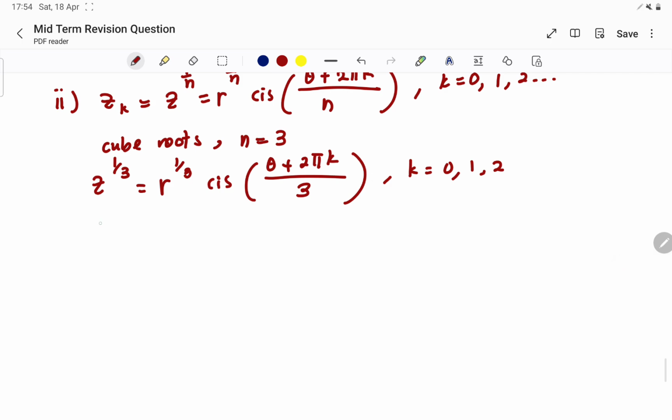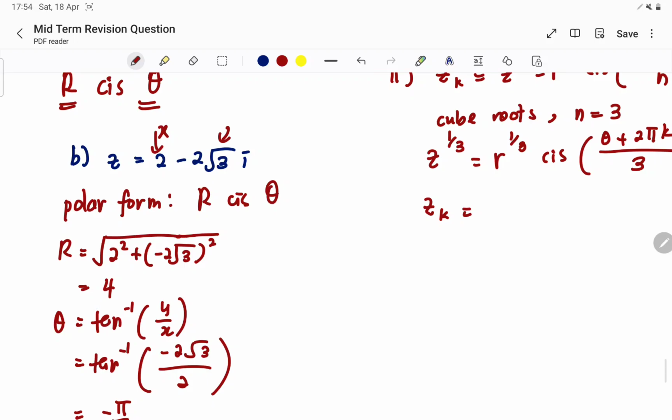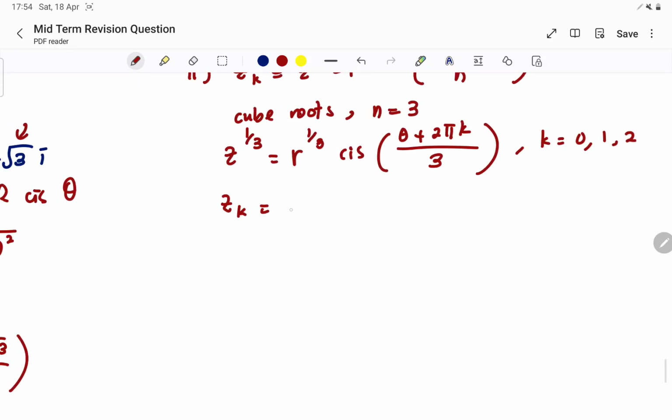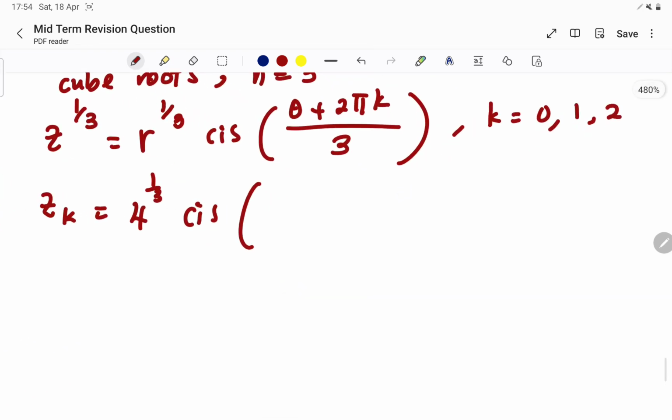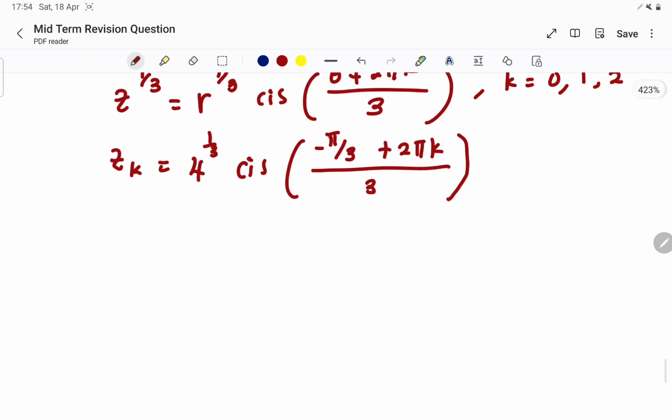Now r we have equal to 4 already from the question, so 4 to the power of 1 over 3, cis theta, which is negative pi over 3. We put negative pi over 3 plus 2 pi k divided by 3. Now we have to find z0, z1 and z2.